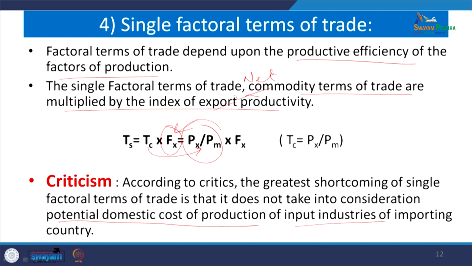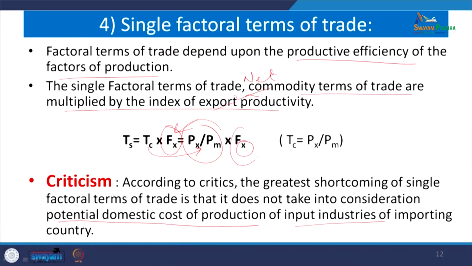So it only talks about the export segment, the productivity. What about the imports? What are the potential domestic costs of production of the import? Because just importing a product, the industry attached to importing the product also attaches a number of costs and efficiencies.